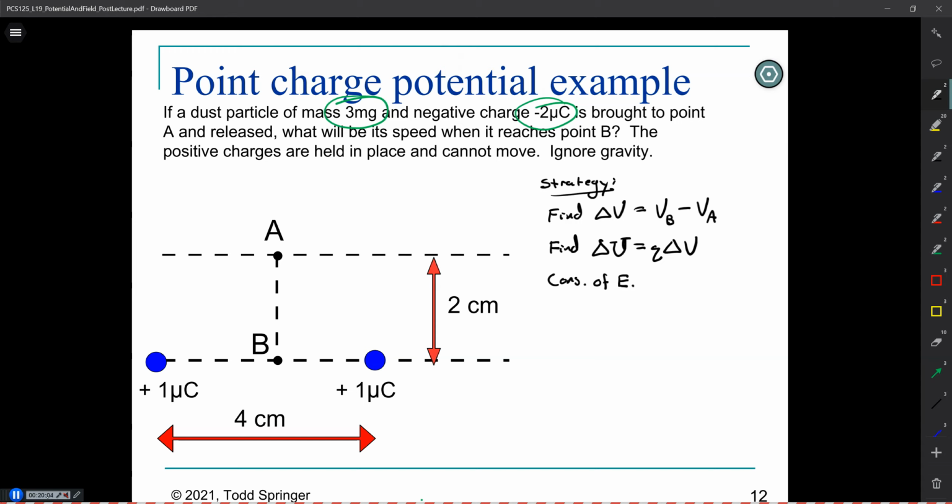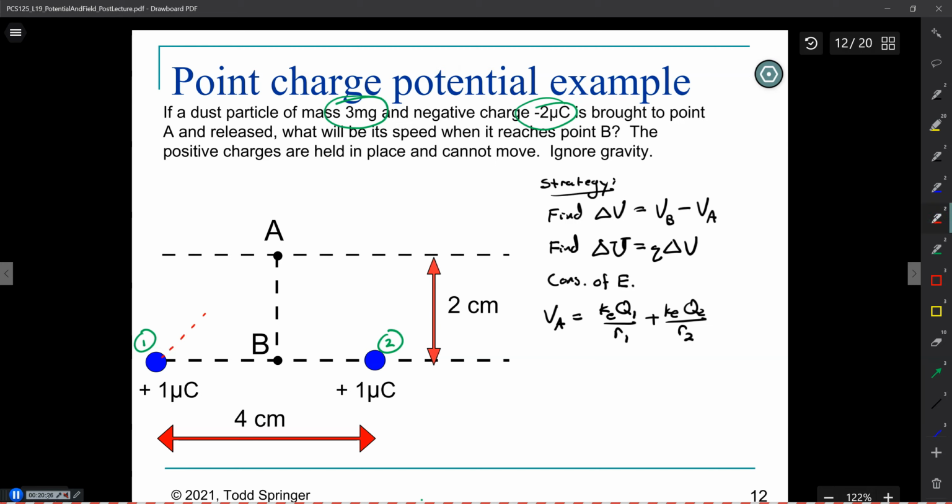What's the electric potential at A, VA? So let's call this one charge 1, and this one will be charge 2. It's KE Q1 over R1 plus KE Q2 over R2. But in this case, R1 and R2 are the same.